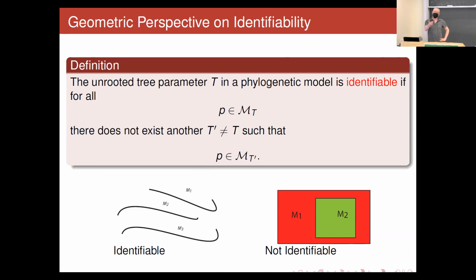So once you have the distribution, you can tell which tree it came from. Geometrically, for each different tree you're getting a different disjoint set of probability distributions. You definitely don't want to see the bad situation where one is nested inside of the other.